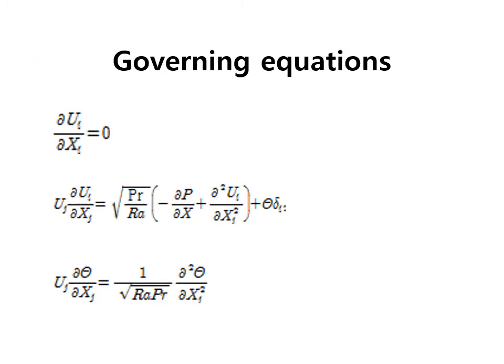This is our governing equation. The first one is the continuity equation. The next one is the momentum equation, and the third one is the energy equation. This is a non-dimensional system. Here, the non-dimensional parameters are the Prandtl number and the Rayleigh number.